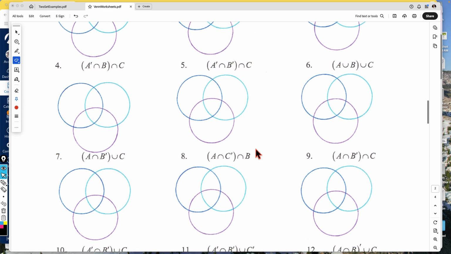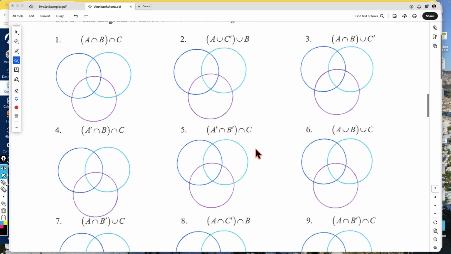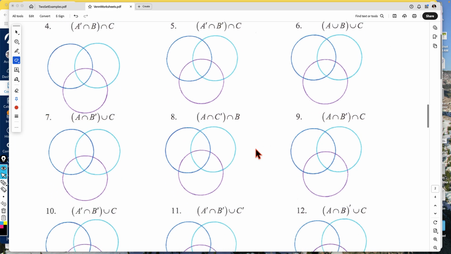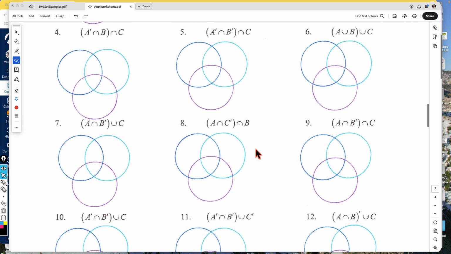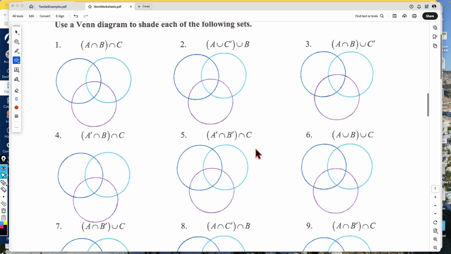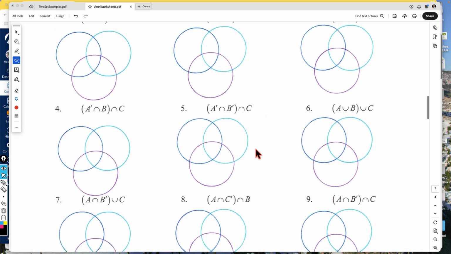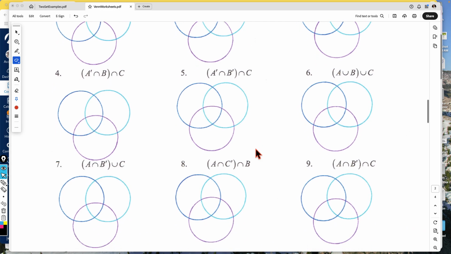I'll do whichever one you want, just to let you see the process. Any suggestions, any requests? I could do the easy ones, or I could do the hard ones. Do a hard one. Remember, you also have the solution guide to this, so you're going to get this right either way.